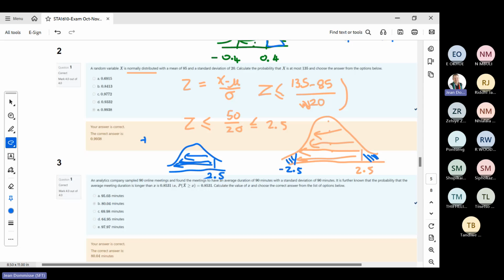It will be something around 0.9938. So this one, we didn't need to go to the negative table. We could have gone straight to the positive table and read off the answer.